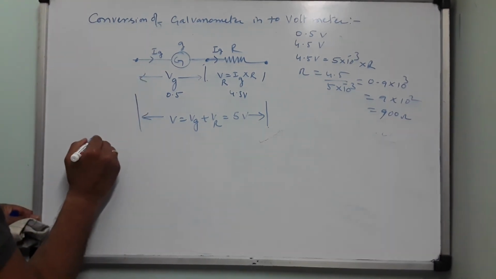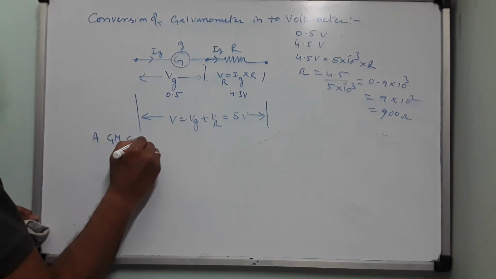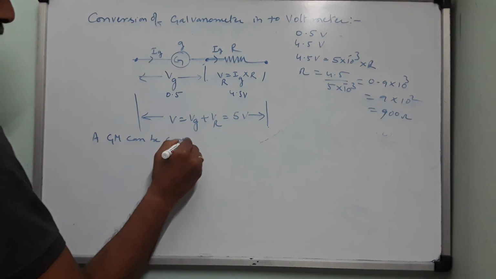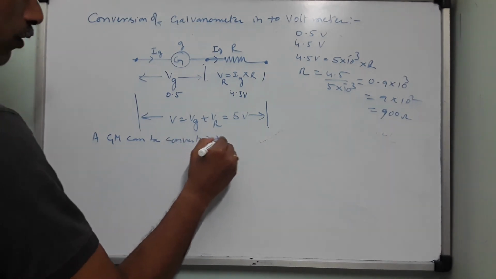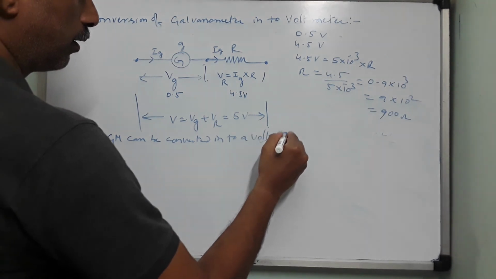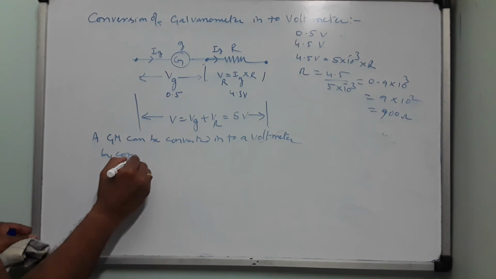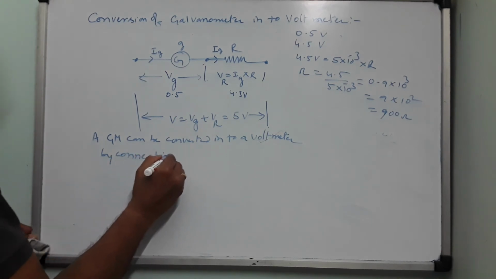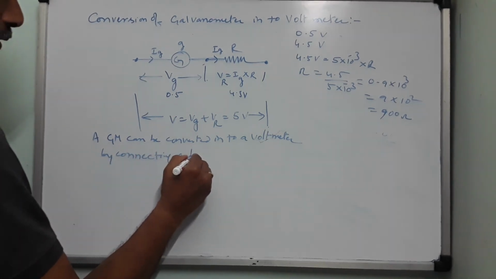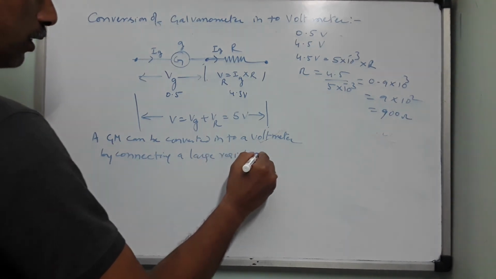So a galvanometer can be converted into a voltmeter by connecting a large resistance in series.